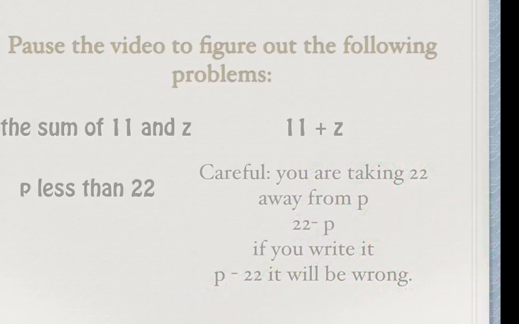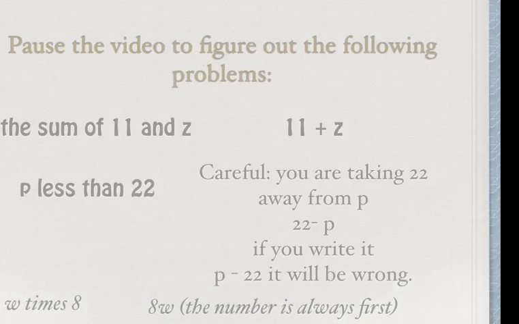Careful, you are taking 22 away from P, so we write the expression 22 minus P. If you write it P minus 22, it will be wrong. W times 8. 8W, the number is always first, so we know that times was representing multiplication.